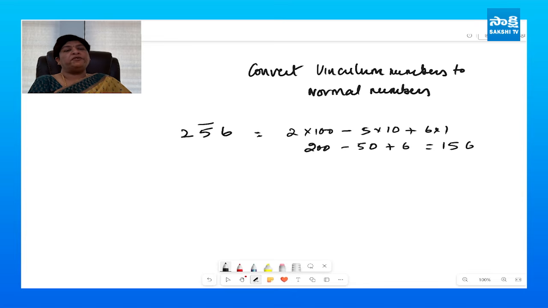So we always start from the right hand side. If we find a normal number or a positive number, we just leave it as is, and the very first bar number which we encounter, we apply tens complement. We find the tens complement of that bar number, and reduce the next positive number to the left by 1. We repeat this process as we move left until we reach the leftmost digit.